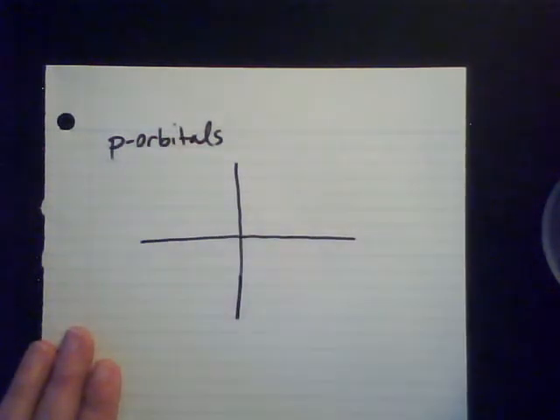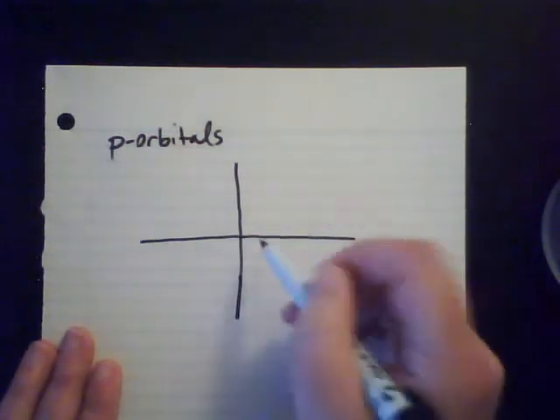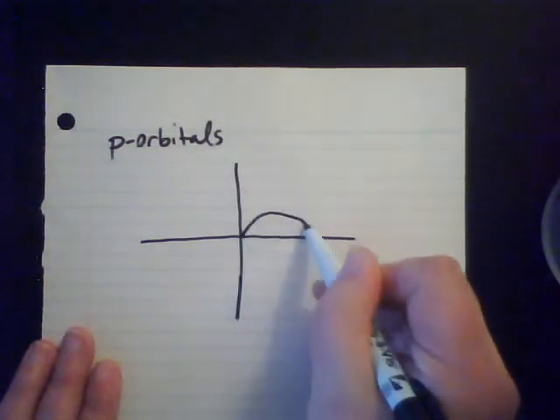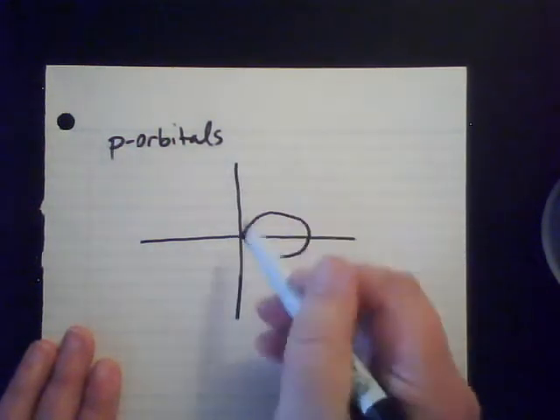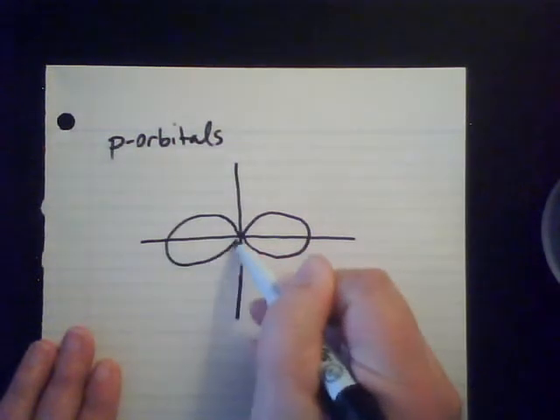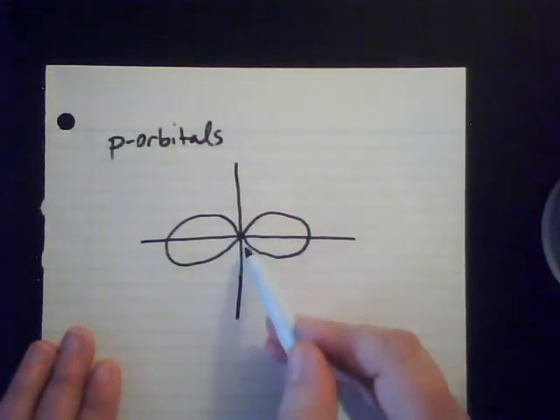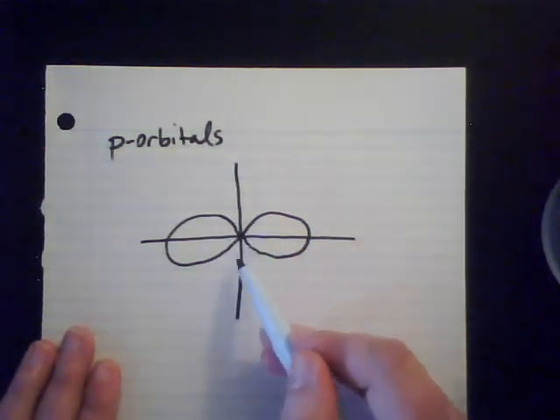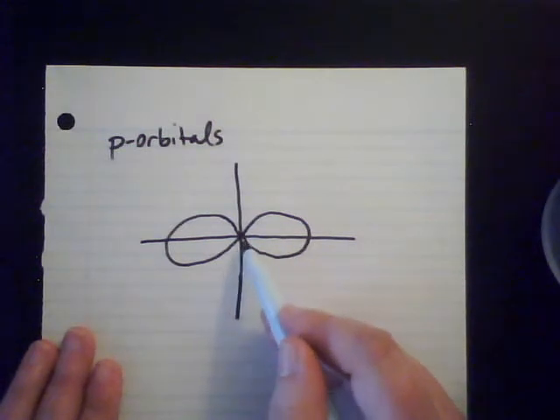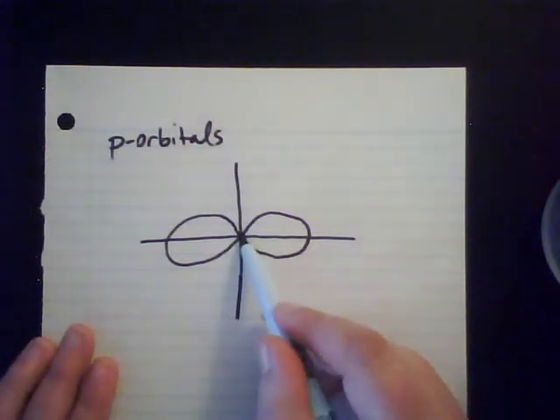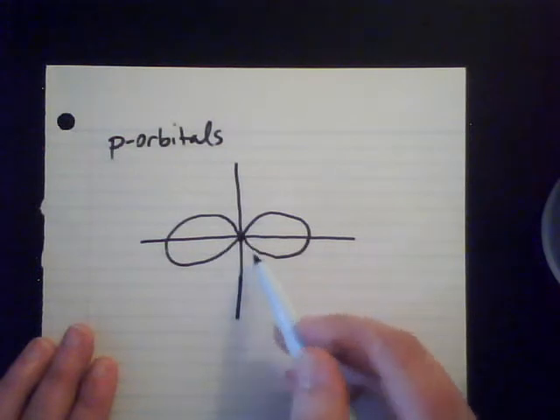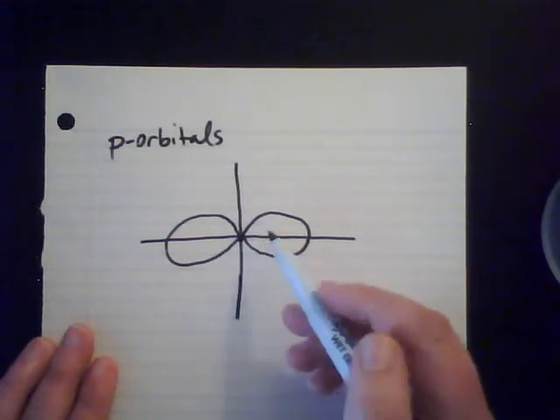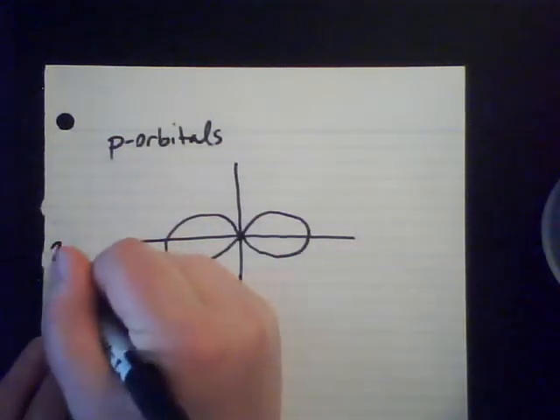So if I give myself an XY axis here, a p orbital has a node at the center and 2 lobes. And that's the terminology that we use. The node, if we're thinking about waves, is where the function is equal to 0, or where it crosses the axis. So the node is the place where there are no electrons. So there's that node at the center and 2 lobes.